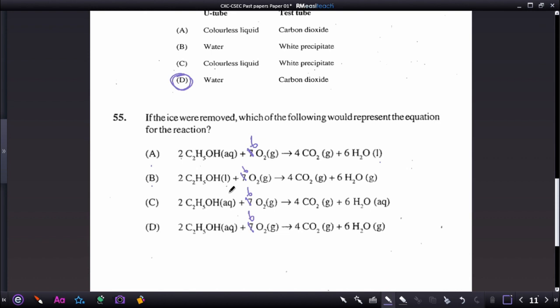So I was looking out for the state symbol. It should be aqueous, so it's D. So the answer is D. Ethanol is aqueous, plus the oxygen gas, plus carbon dioxide gas, plus water in the gaseous state for steam. All right.